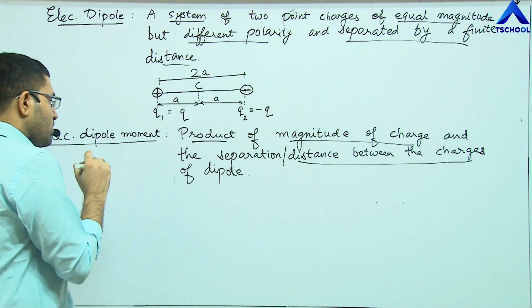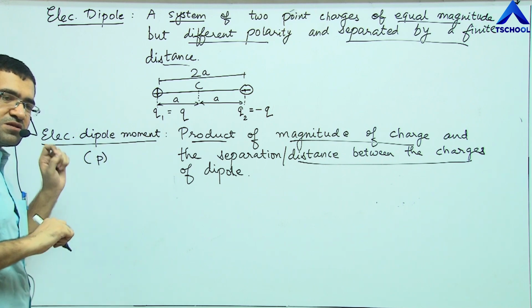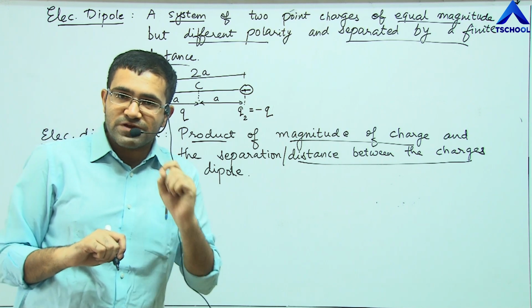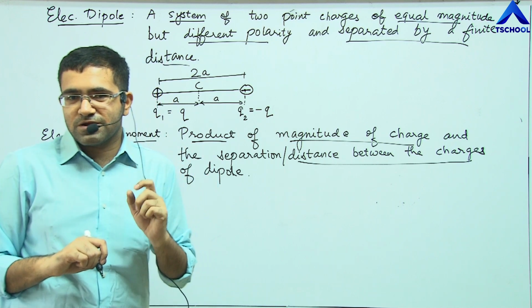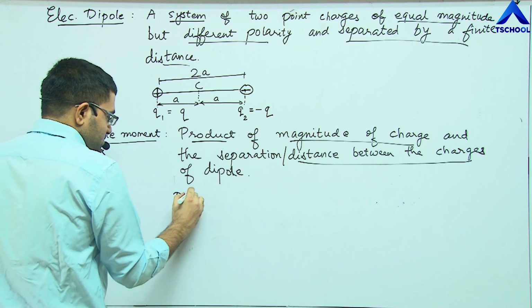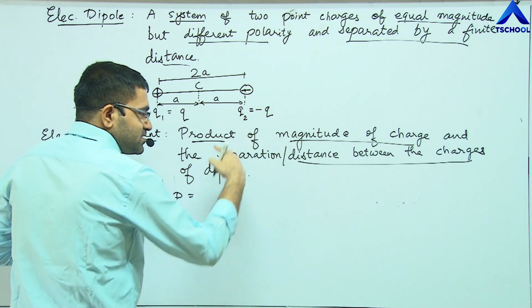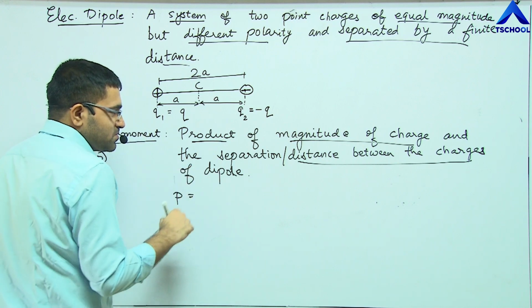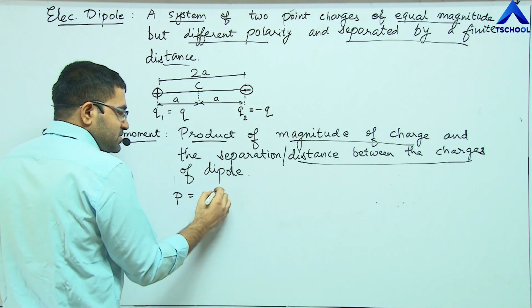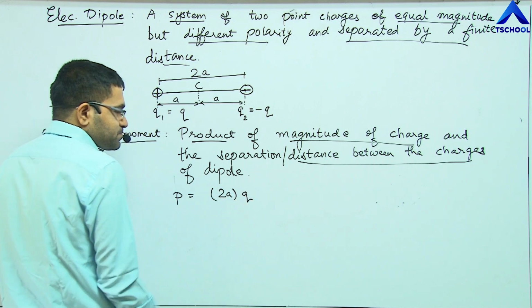The symbol of electric dipole moment is P. Right now I am putting it in a scalar form. It is a vector. Okay, electric dipole moment is actually a vector. Its magnitude is given by, read this, you should be able to write its equation. It is equal to 2a into q.